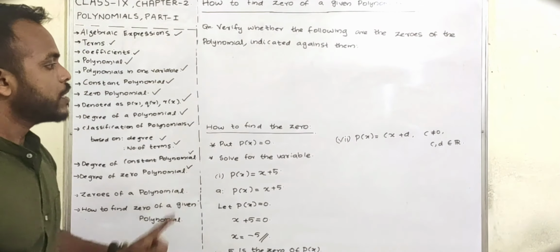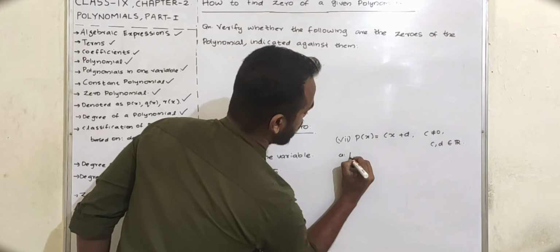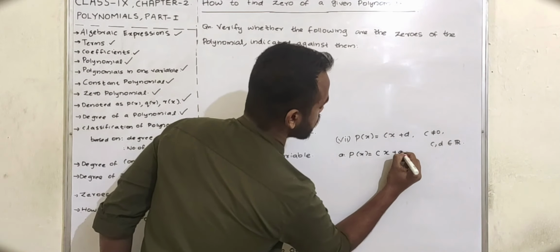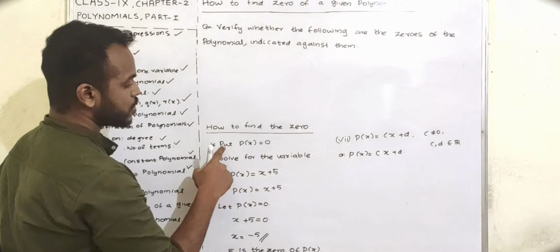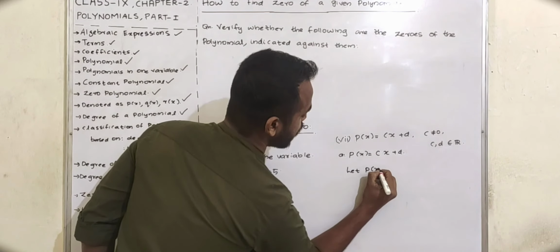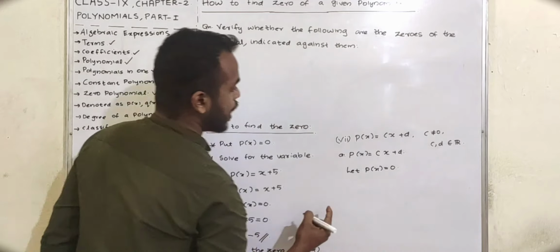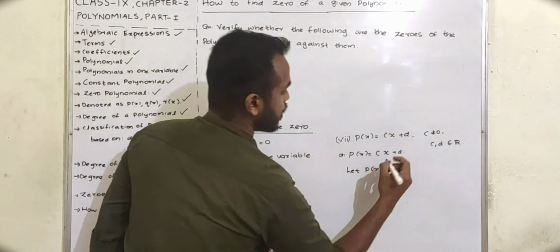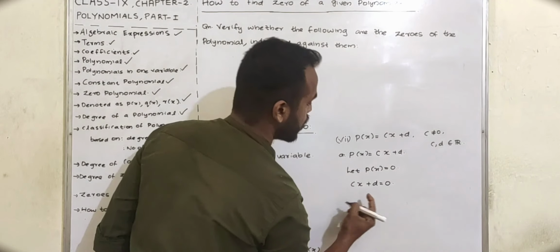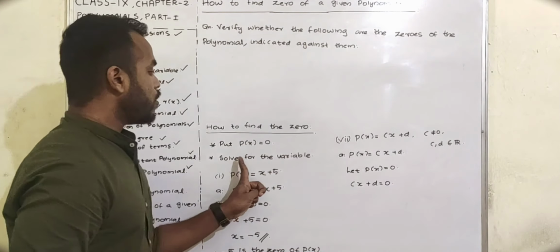What's our first step? First step is to write p of x as it is. P of x is equal to cx plus d. Then second step is to put p of x is equal to 0. So you can write let p of x is equal to 0. And who is p of x here? Cx plus d. So cx plus d is equal to 0. Now solve for the variable.